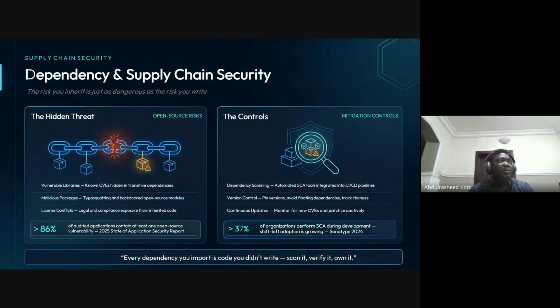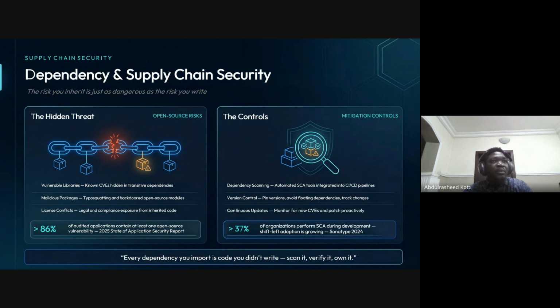So now let's talk about dependency and supply chain. Most apps, in fact, at this point in time, I'll say all apps depend on many external tools. And these tools help devs to build faster, but they also bring risks. It might be things like malicious code or packages that are fake.